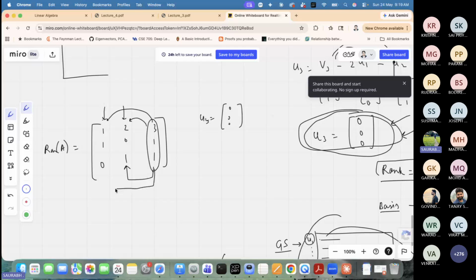Now what you have found is there is no new information in U3. Basically, all the information in U3 is coming from the first two vectors itself. That's why you got nothing new in U3. Now, the only unique information is U1 and U2. Hence, the rank is 2.